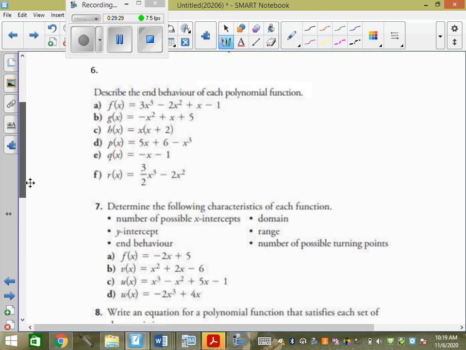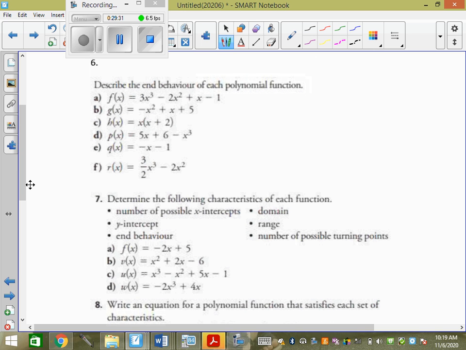I just want you to do number 6. Remember that this one here I'd have to expand, so it's going to be x squared plus 2x. And also remember, you're looking for the leading coefficient sign, right? So what's my leading coefficient for A? Positive 3. What's my leading coefficient for B? Negative.